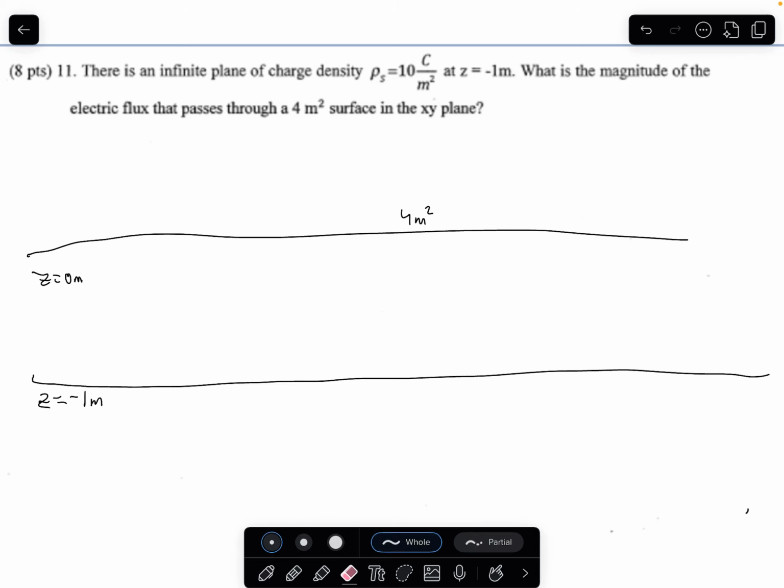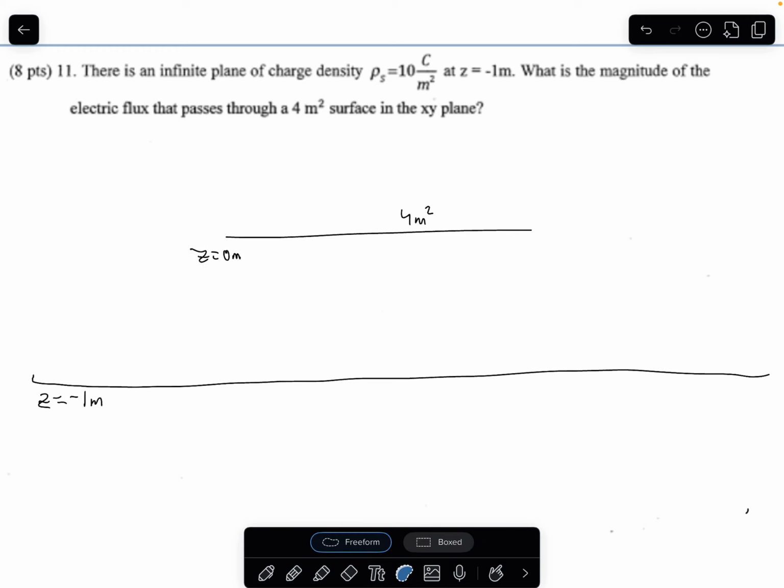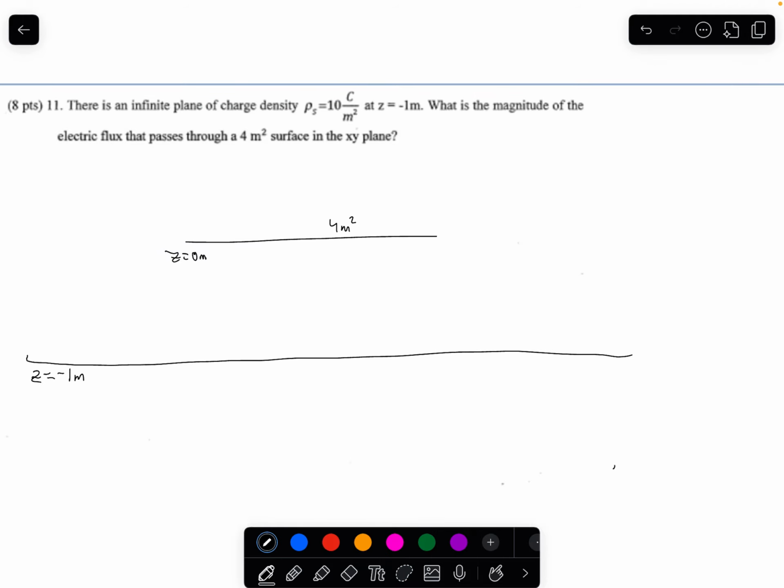So, really I should draw this a little bit shorter to represent that the first plane on the bottom is infinite. It's going to go on forever. So that's important because it means that there's not going to be any electric flux coming from one direction or the other.